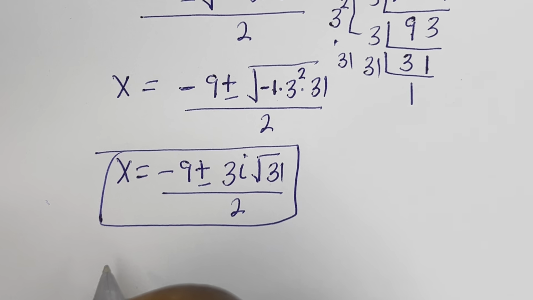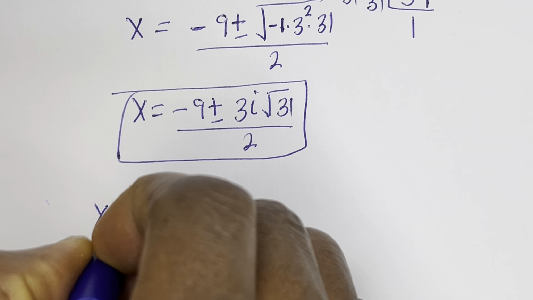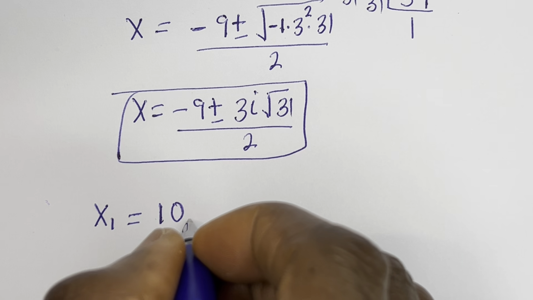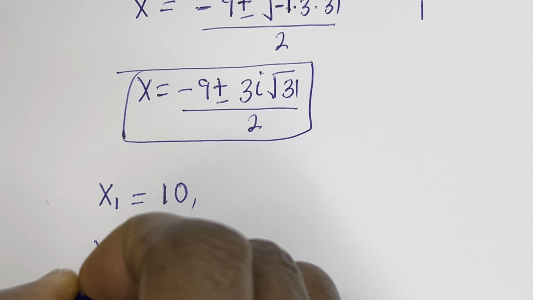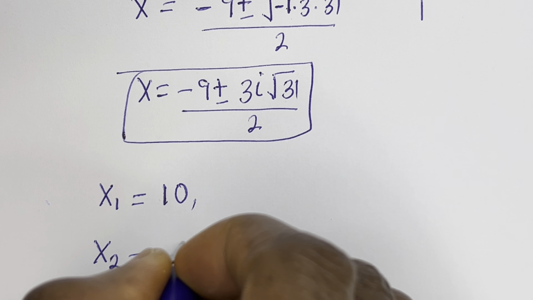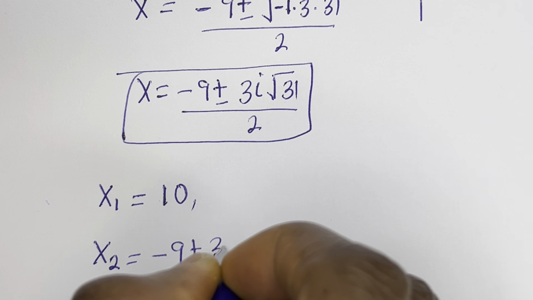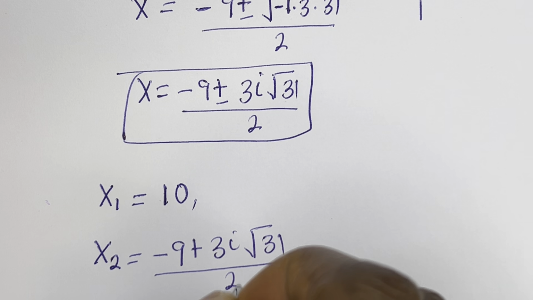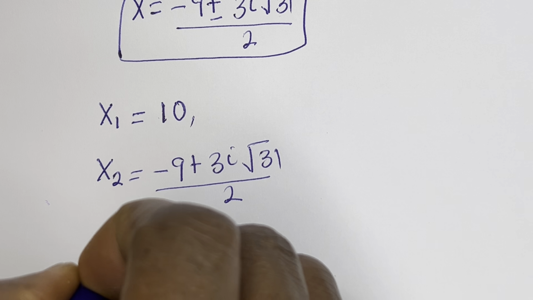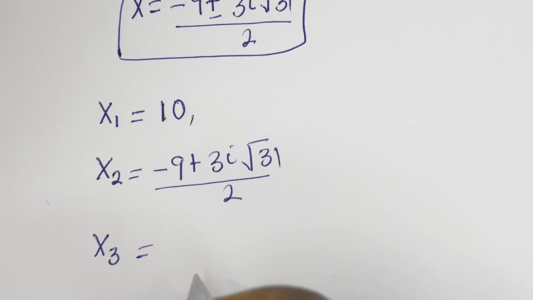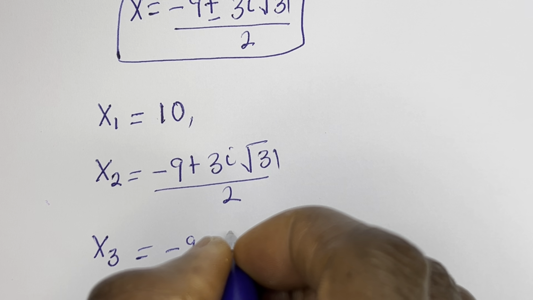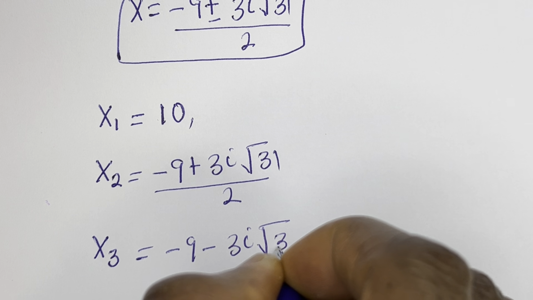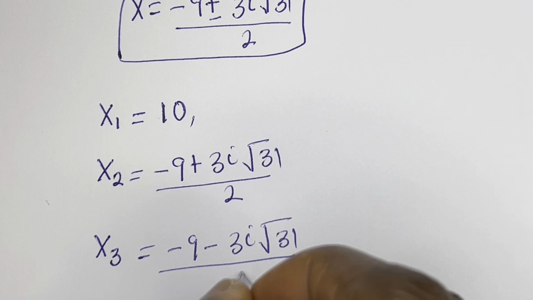Therefore, our final answers are s1 is equal to 10. Now, s2 is equal to minus 9 plus 3i root 31 over 2. Then s3 is equal to minus 9 minus 3i root 31 over 2.